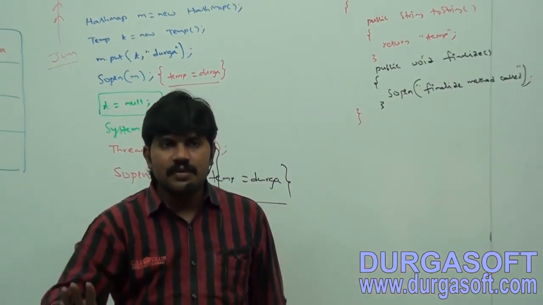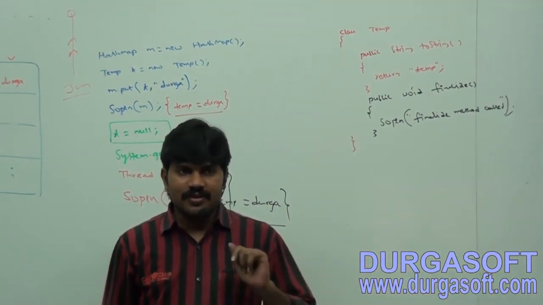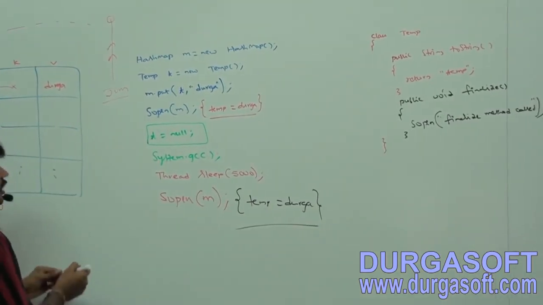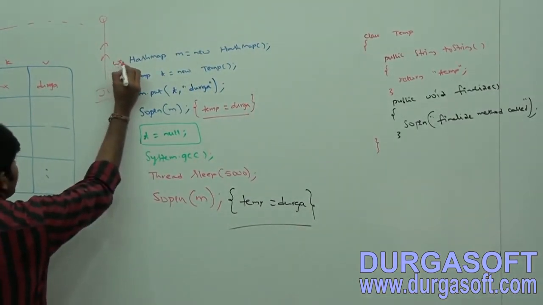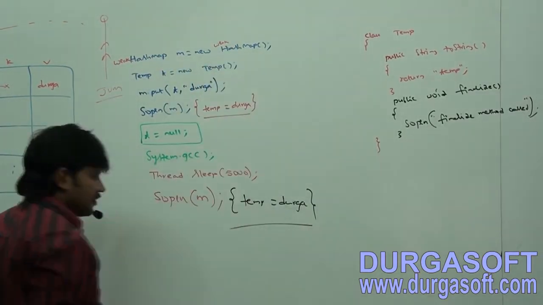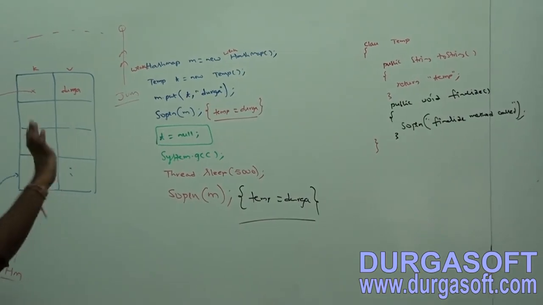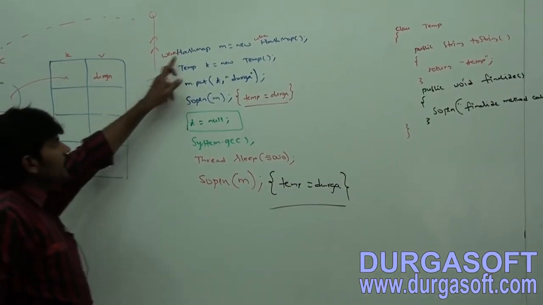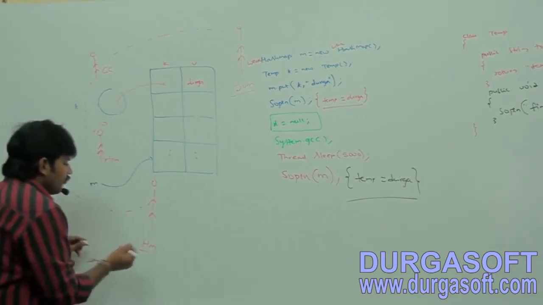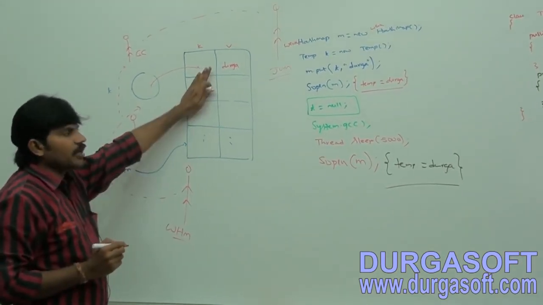Now the same cinema, let me run with the WeakHashMap. Here, legend, this one: sir, I replaced the HashMap with the WeakHashMap. Here also I added WeakHashMap. Now, once again from the beginning: WeakHashMap m = new WeakHashMap(). I created a WeakHashMap, right?